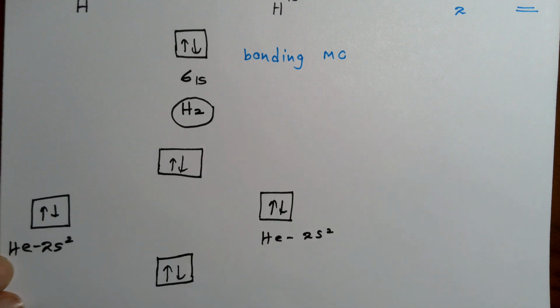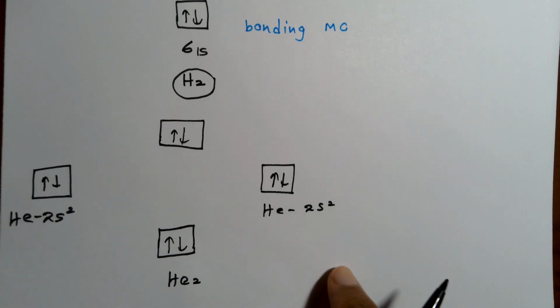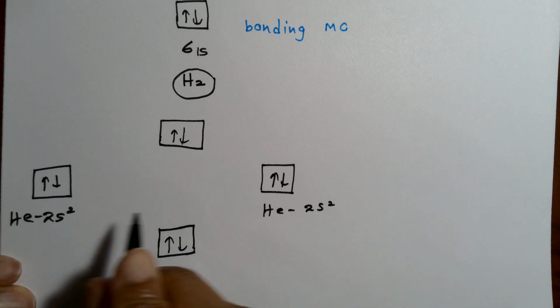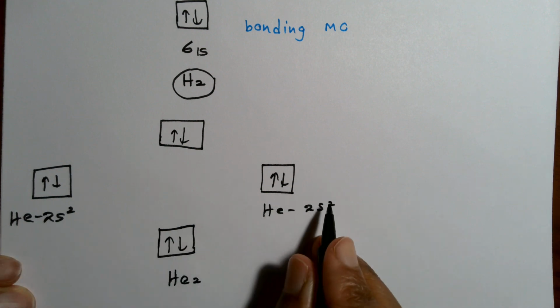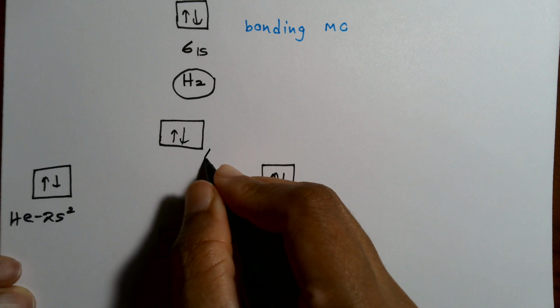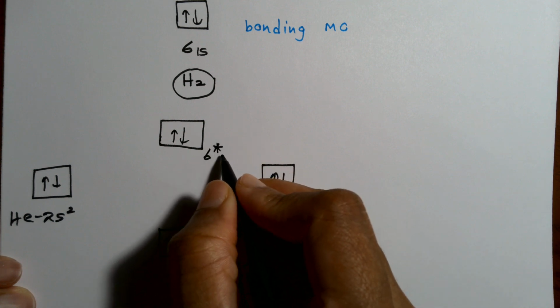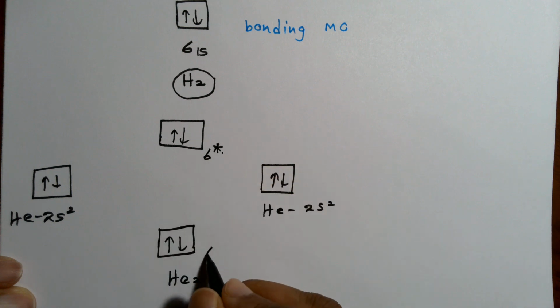These are the helium molecular orbitals, and these two are the atomic orbitals of both helium atoms. We can name this sigma star, and this is sigma: the anti-bonding and the bonding.